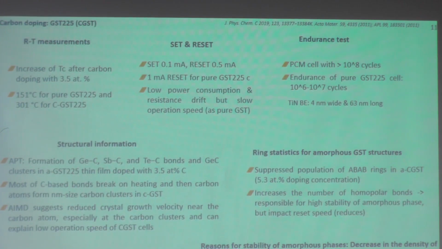Now let's look at the carbon doping of GST 225. The carbon doping again increases the TC of the material by a huge temperature, like double, with only a small amount of carbon, 3.5 atomic percent.